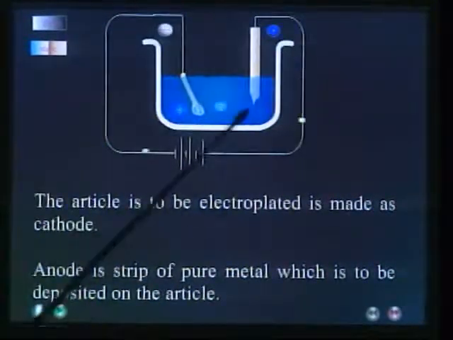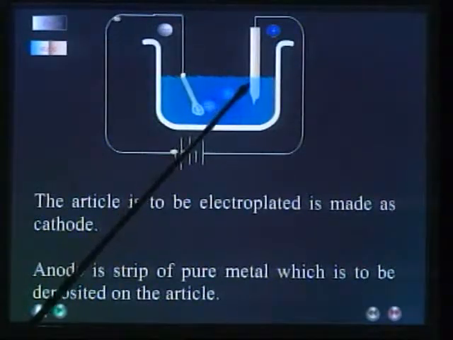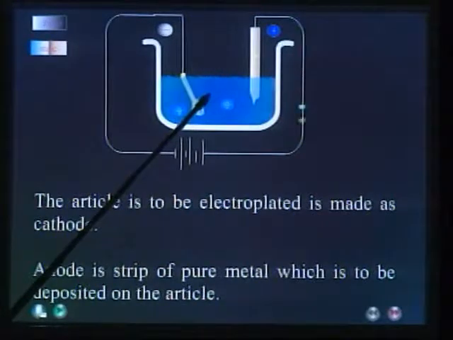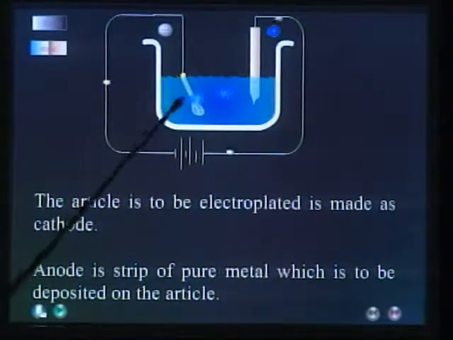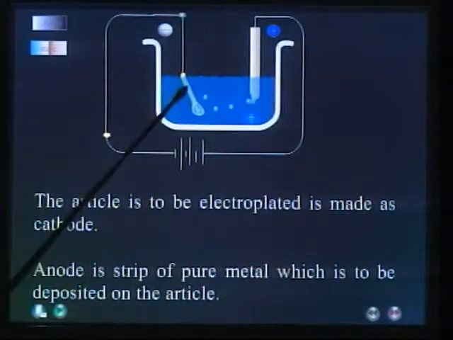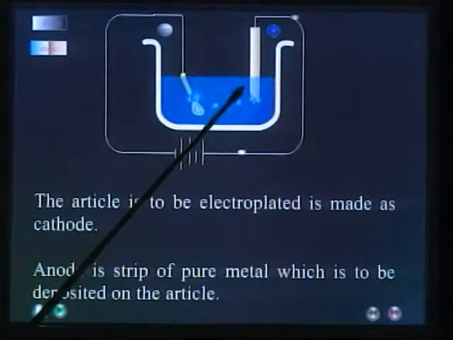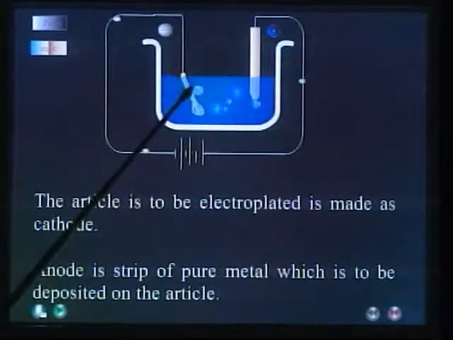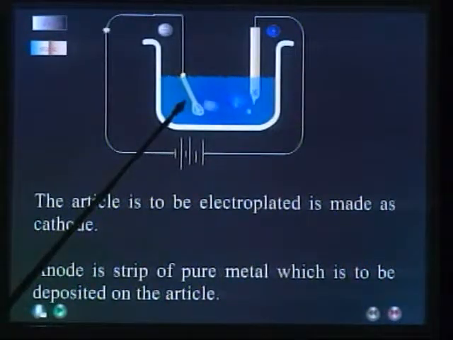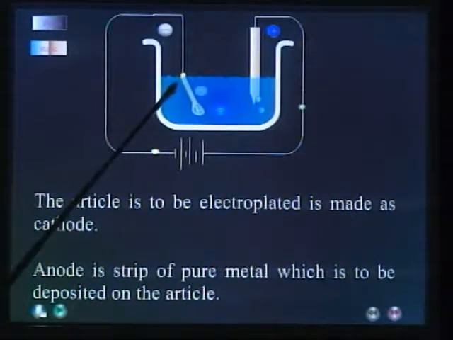In case of electroplating of silver, silver is taken as anode, silver nitrate is taken as electrolyte, and an article such as a spoon is taken as cathode. When the two electrodes are connected to a high voltage battery, the silver from the anode undergoes oxidation and gives rise to silver ions. As more and more ions are formed, they come towards the cathode and get deposited as a layer on the spoon.